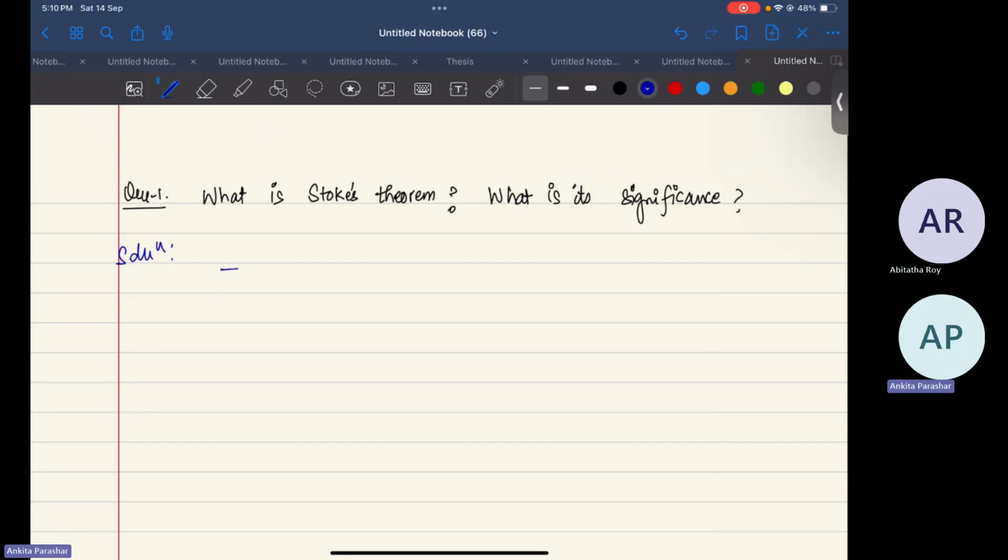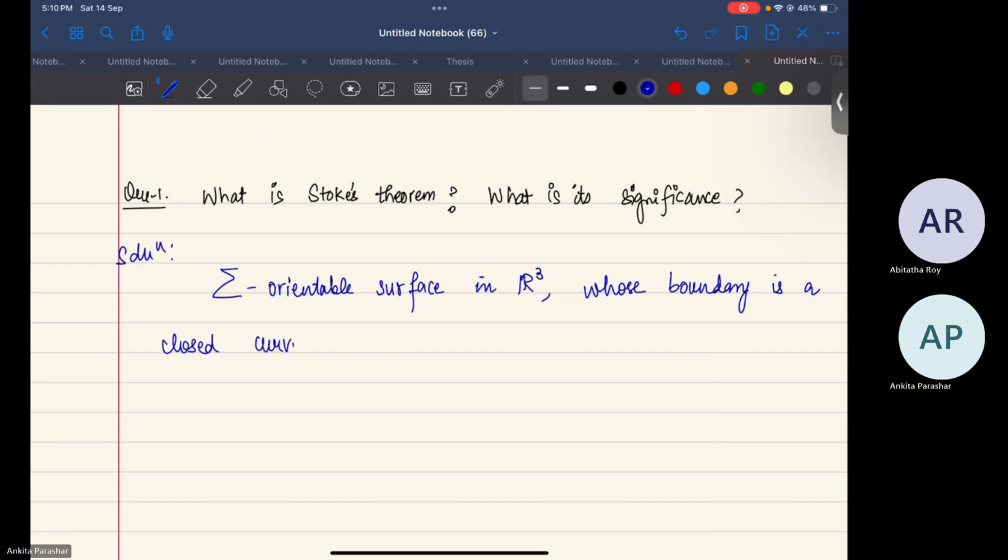Suppose we have some sigma to be any orientable surface, and we are talking in R3, and suppose its boundary is a closed curve C. Let our vector field be F = P i cap + Q j cap + R k cap.